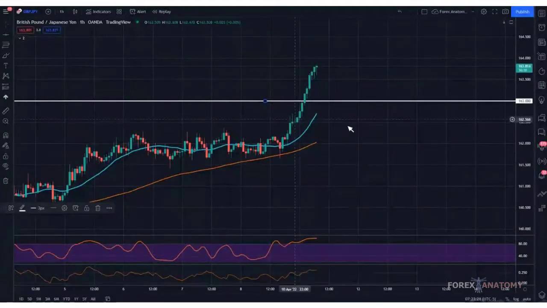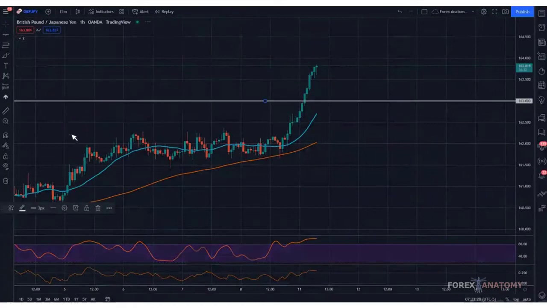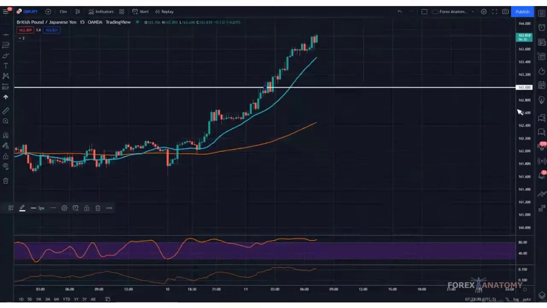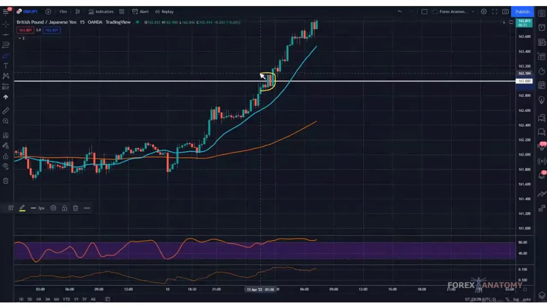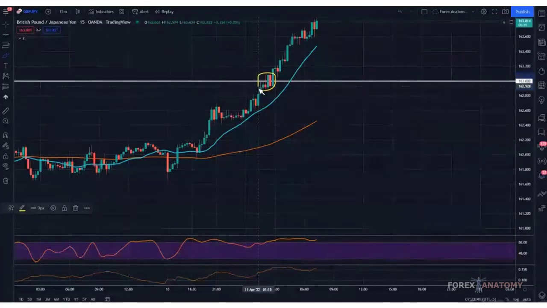But what we want to do is look for price to pull back. I'm going to go a little bit further and see if I can see anything on the 15-minute time frame that can confirm that this area is one we need to pay attention to. And we do, right around here. We see this area of congestion, where candles are clusters moving sideways for a while.